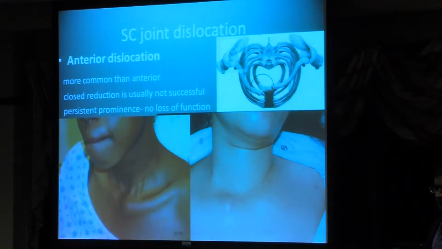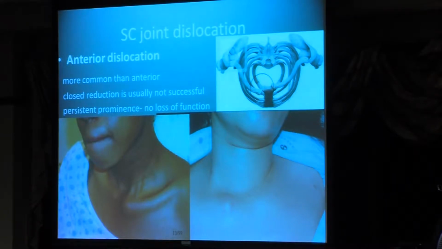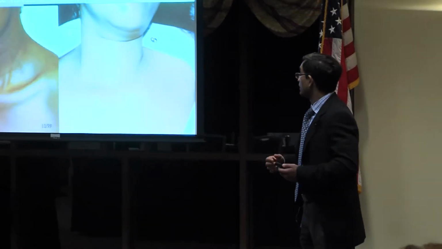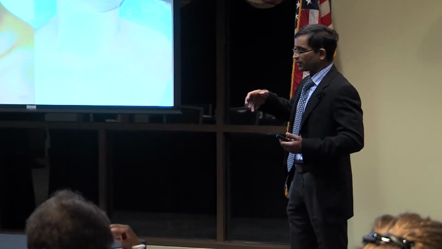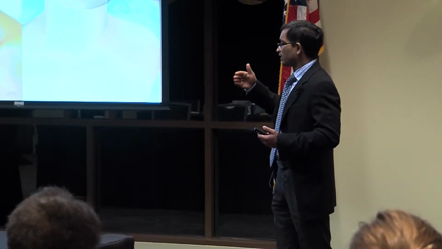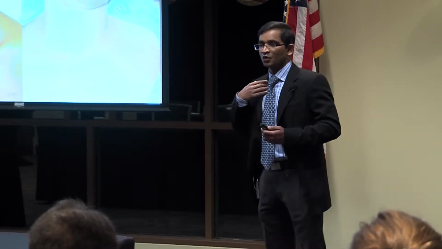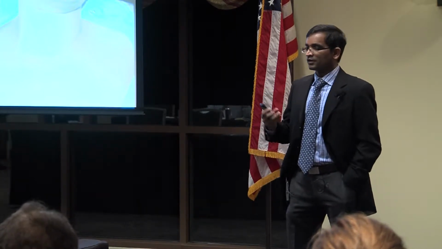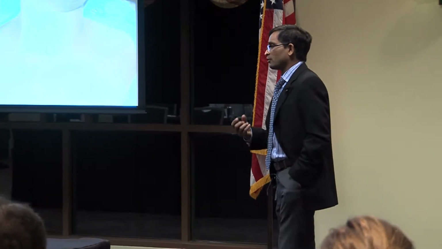The most common mechanism is a motor vehicle collision where there is an anterior force to the shoulder joint. There's a rotational force on the medial head of the clavicle, and the anterior portion of the joint is weaker, so it just dislocates anteriorly. Sometimes even without trauma, it is pretty common to see what we call anterior atraumatic subluxation of the joint.